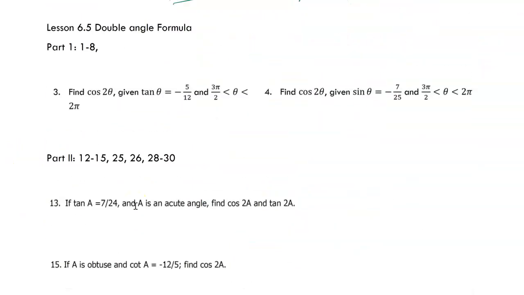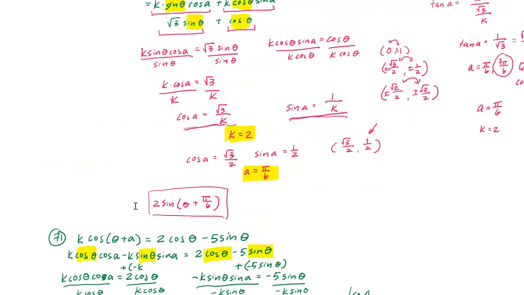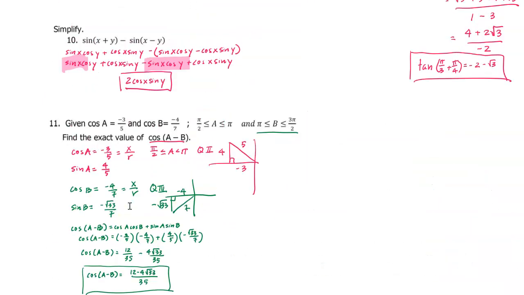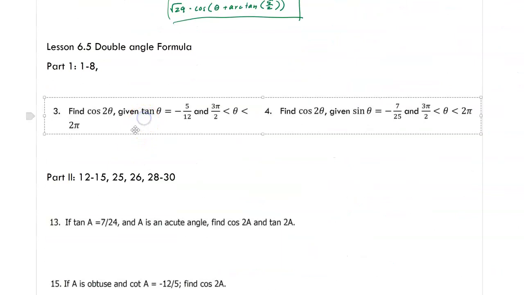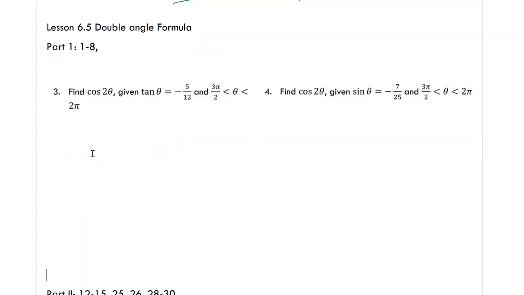Basically, parts 1 through 8 involved pretty much the kind of problems that I did for number 11. Okay, but we can do them again. Let's see which one I'm going to do. Let's go ahead and do number 3 because that one involves a tangent. Okay.